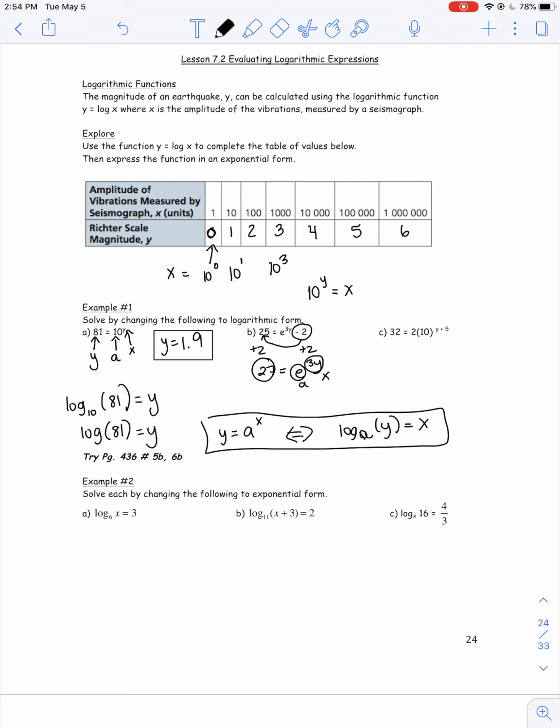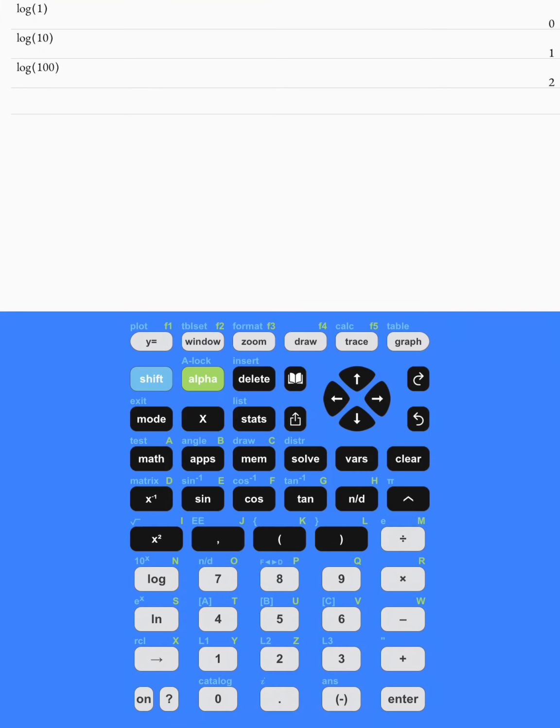So 3y is the same thing as x. This is our x, this is our a, and this is our y. When we rewrite it, it should be equal to log base a, which is e, of y, which is 27, and that is equal to 3y. To get y by itself, we're going to divide both sides by 3.